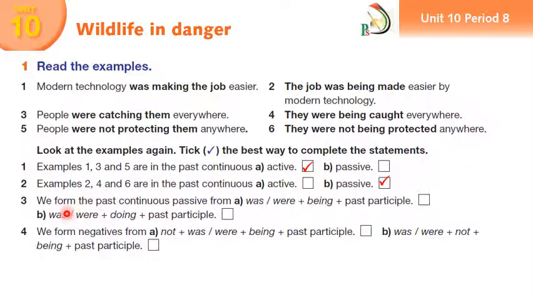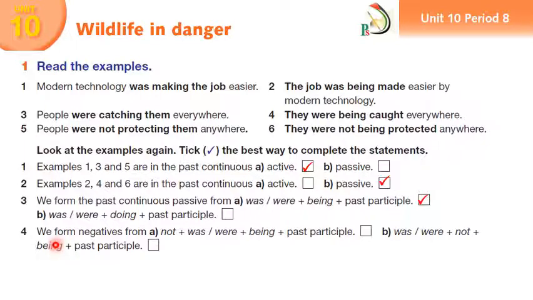Did you guess, A or B? Yes, A. We form the past continuous passive with was or were, plus being, plus past participle. For example, they were being protected. Protected is the past participle, verb 3.